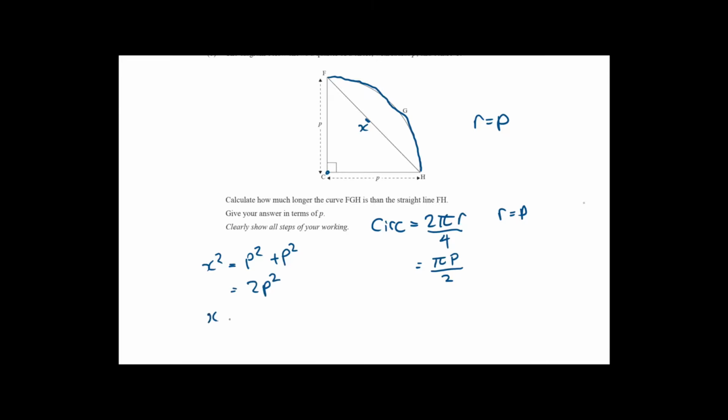So x here is going to be equal to the square root of 2p squared. Let me have a think about that. If we separate those out, that's going to be equal to square root of 2, and then square root of p squared, which is p.